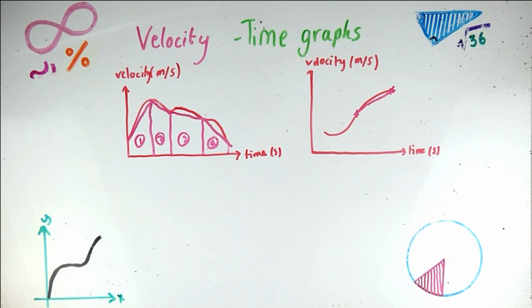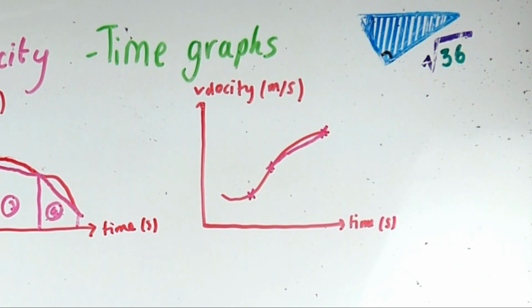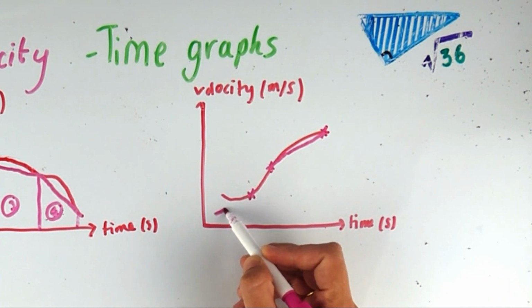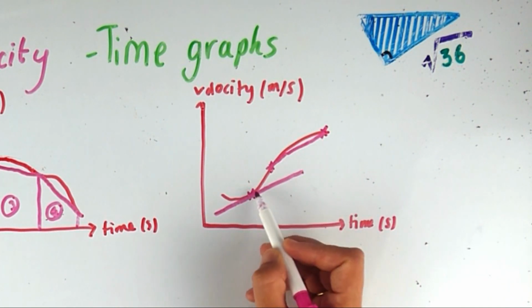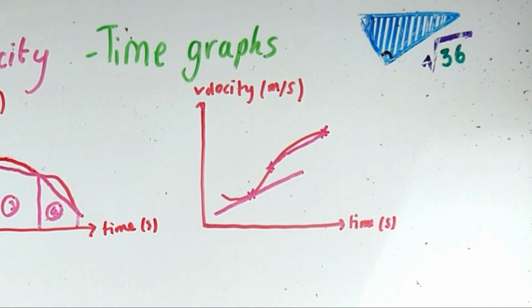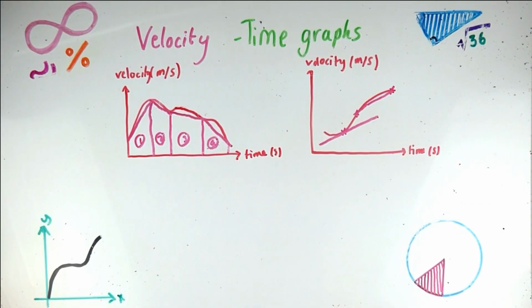Or you could be asked to find the gradient at a certain time, so you might have to find the acceleration at that exact time. So you just draw a tangent, a line that just touches the curve at one point, and work out the gradient of that tangent. There you go. That's how you would estimate if they were curved and more realistic velocity time graphs.